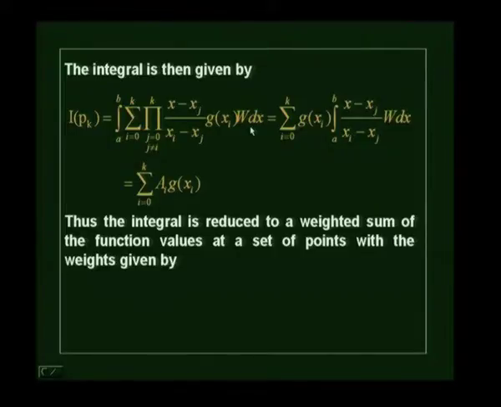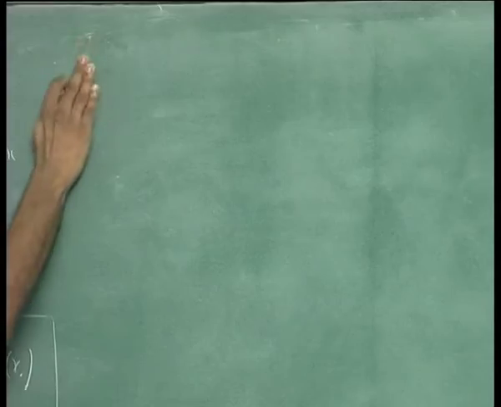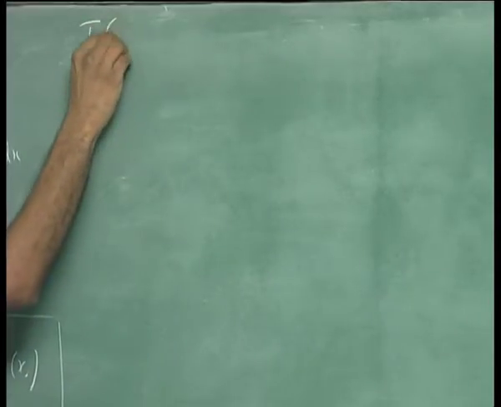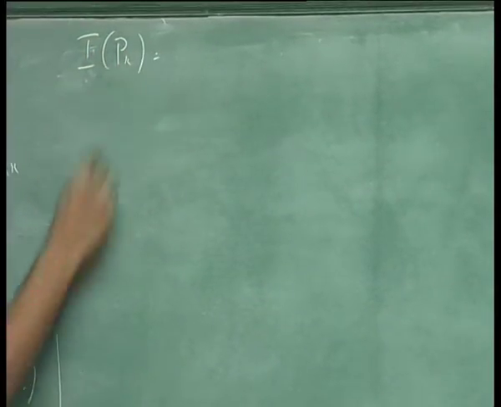That is our full function. So, this integral I can write as ai g of xi, because g of xi is not a function of x. I can pull that out and write it as sigma i going from 0 to k ai g of xi.